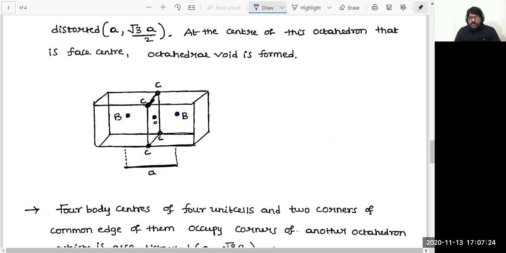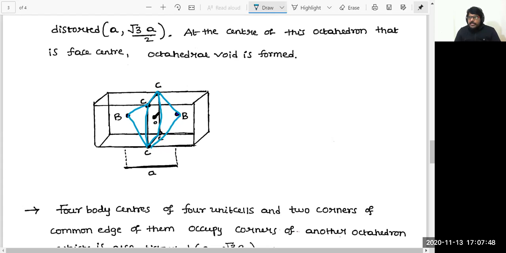Now you have to see only this diagram, then you will be comfortable and understand how it is an octahedron. An octahedron is also square bipyramidal. This is a square, and here this is one pyramid, and here this is another pyramid.